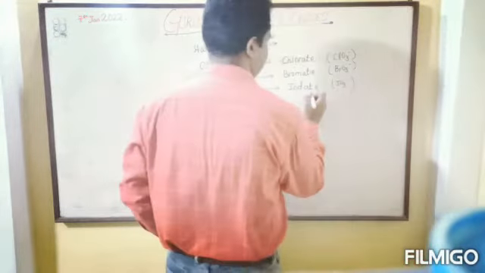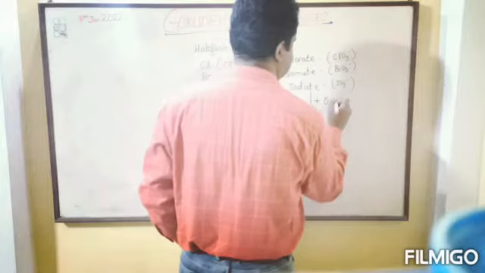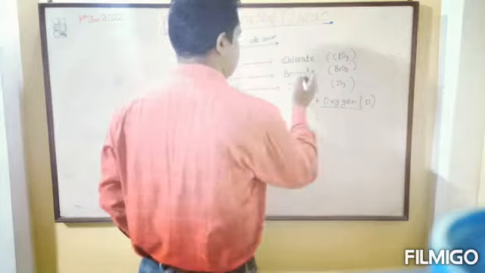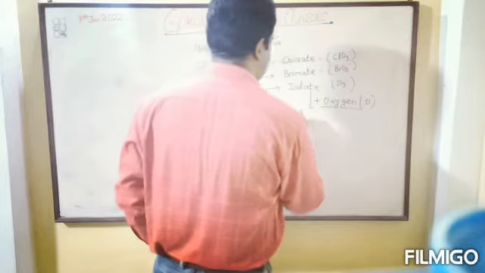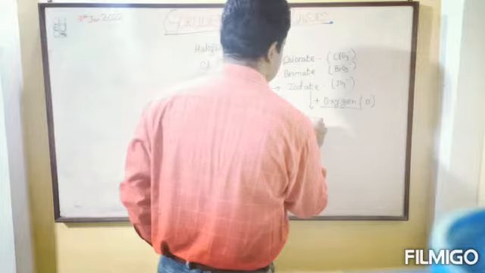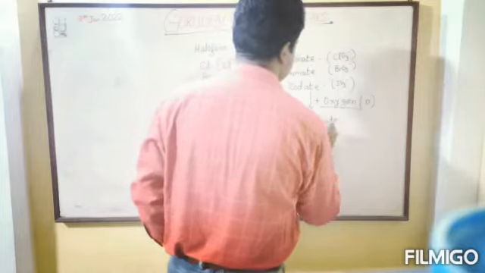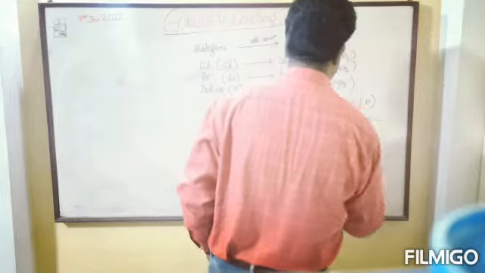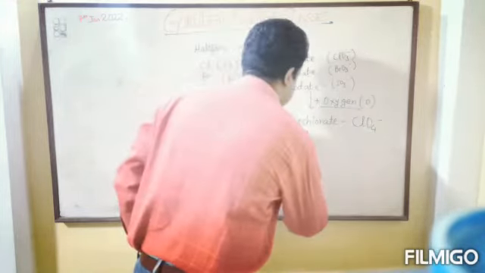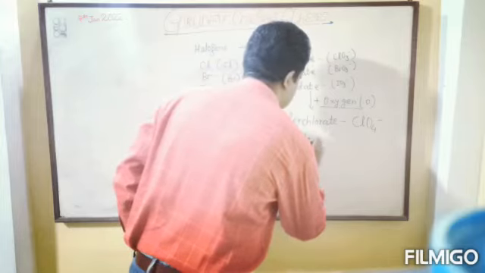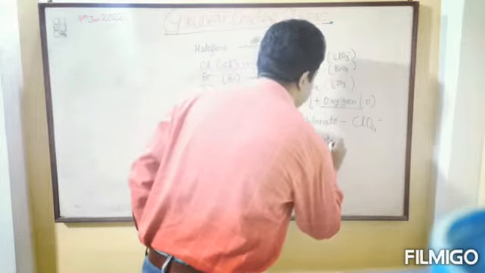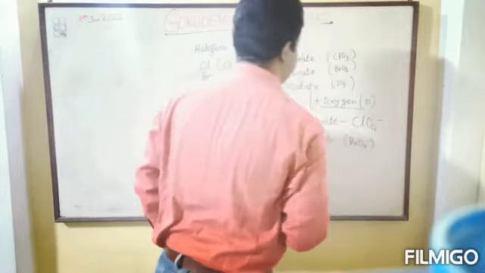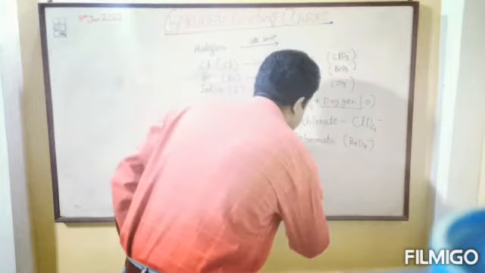We are adding plus oxygen, O. So chlorate will convert to perchlorate, bromate will convert to perbromate, and iodate will convert to periodate.